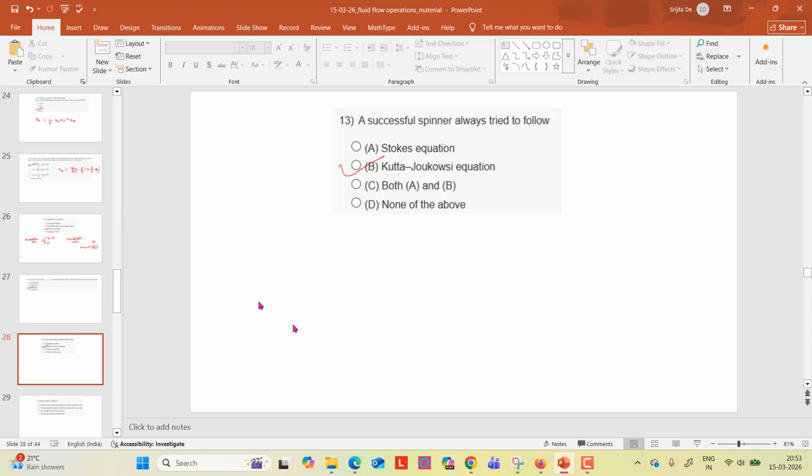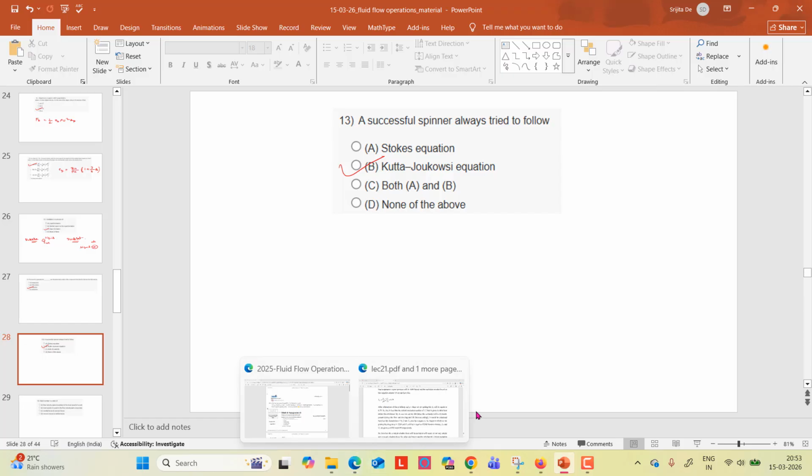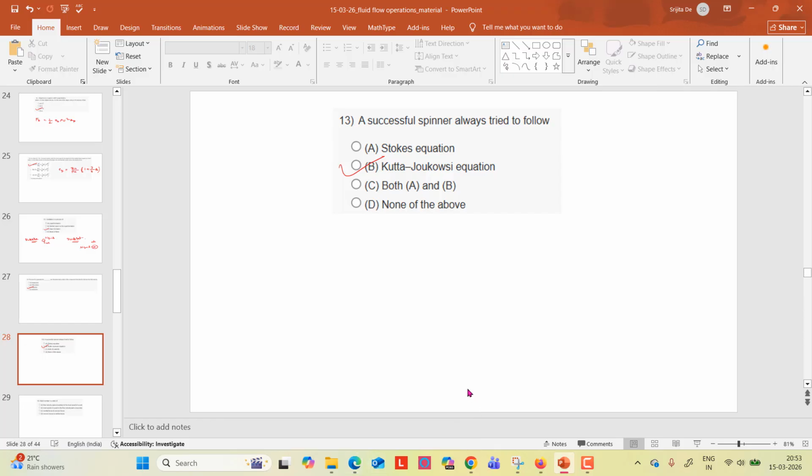The expression was, where the fluid, in the fluid, the particle or the object itself is rotating. So from the Bernoulli's equation, there is an expression, right? So that is the Kutta-Joukowski's equation.